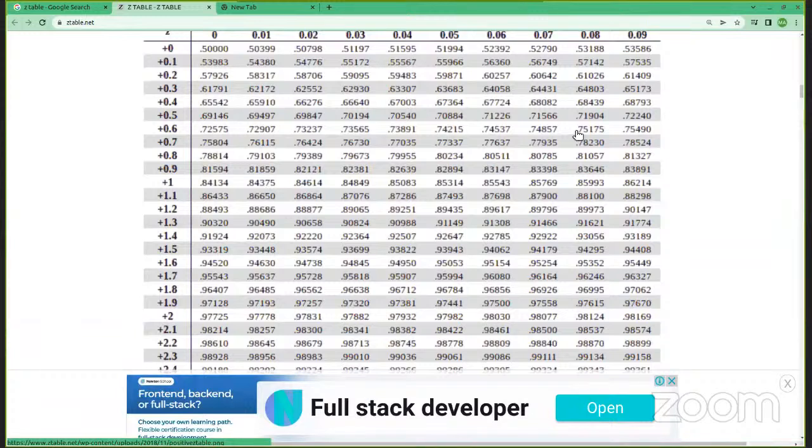It is in between 0.67 and 0.68. You can choose 0.67 or 0.68, but instead of these two, 0.675 gives you a better result, very near to what these two are.